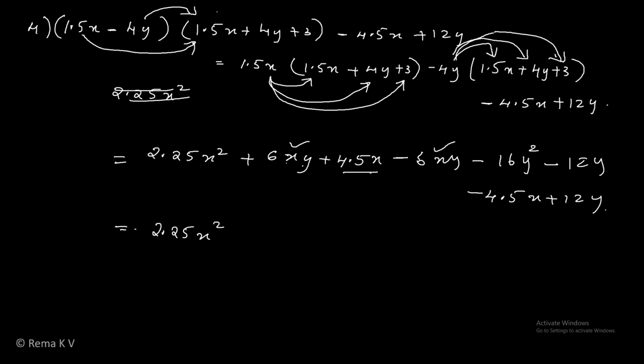Then these two terms will get cancelled. 4.5x minus 4.5x. Then these two will also get cancelled. These two terms also will get cancelled. And the remaining term is minus 16y². So the answer is 2.25x² − 16y².